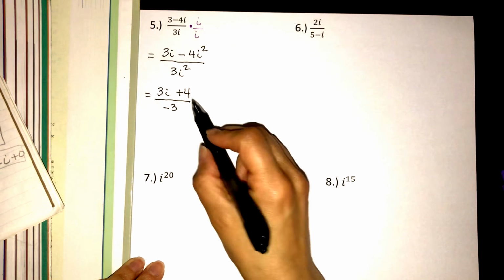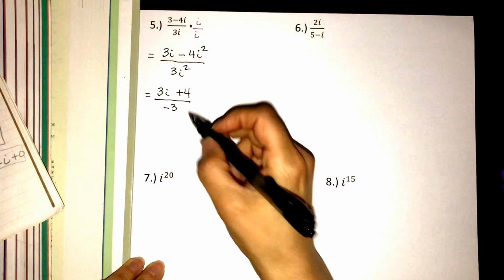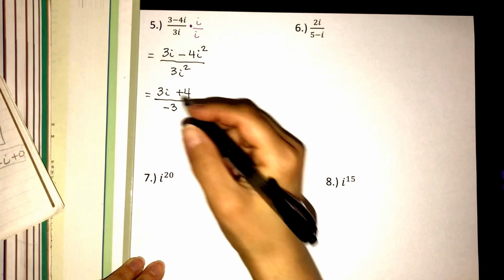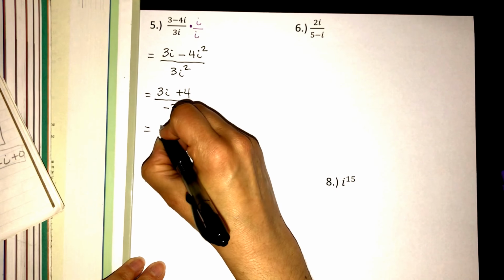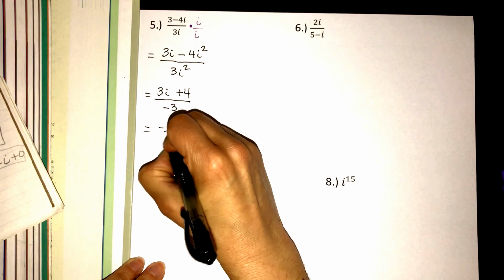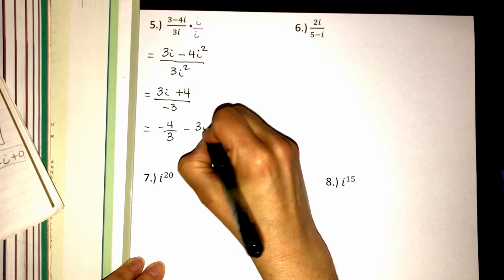So now this is actually in the form A plus BI because what I'm going to do is write this as a fraction. Okay, so you can break this up into 2 fractions. So we have negative 4/3 minus 3I over 3.